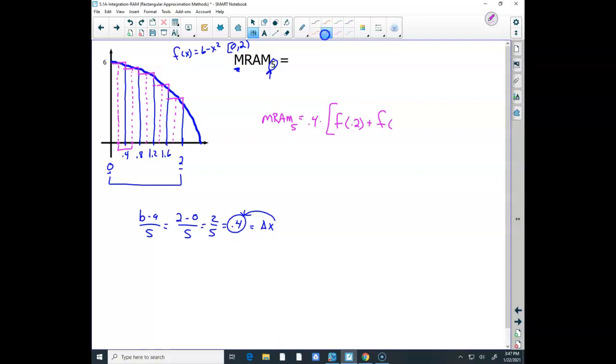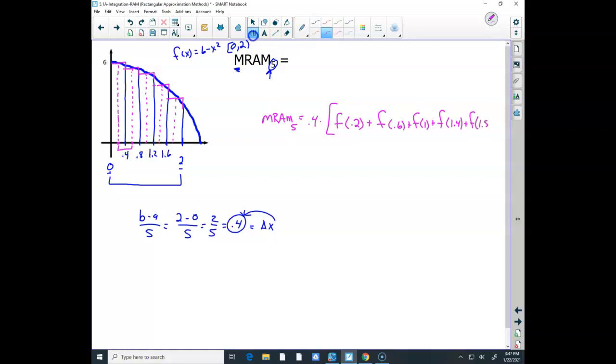So that's 0.4 beyond 0.2, which is 0.6, plus f of the next one, add 0.4 to 0.6, that's f of 1, plus f of 1.4, plus f of 1.8. I was trying to get this done too fast.